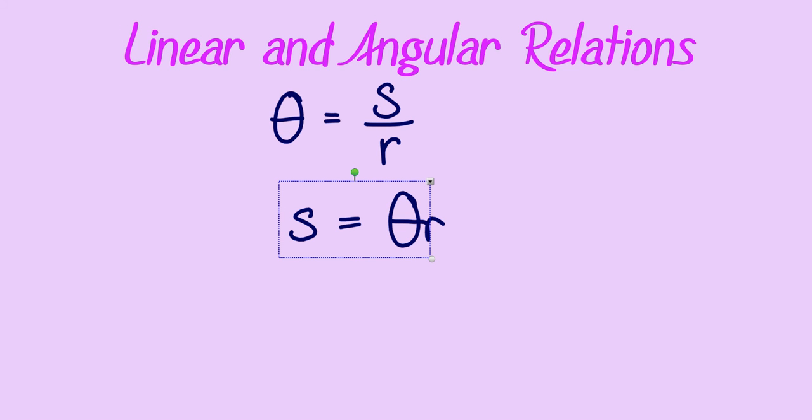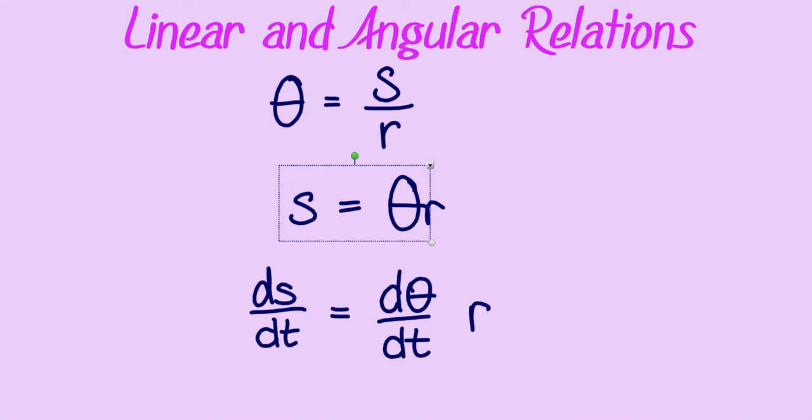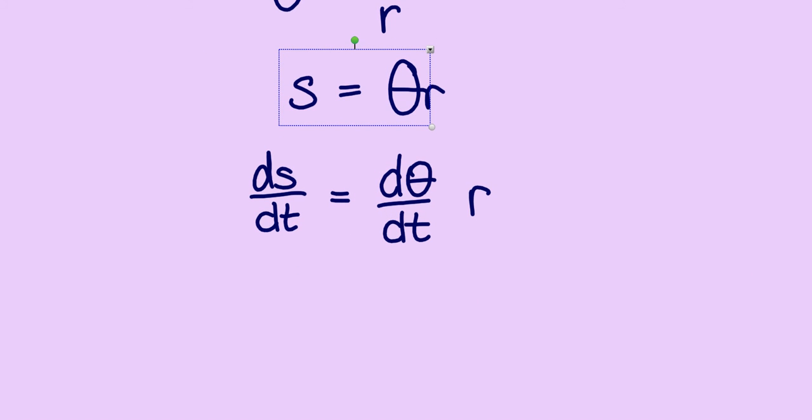Now remember, I can take the derivative of both sides of this equation. ds/dt is equal to d theta/dt times r. r is a constant in this case because we're assuming that our object is rigid and remains the same distance away from the axis of rotation. ds/dt is otherwise known as velocity, linear velocity to be specific, and d theta/dt is otherwise known as angular velocity.